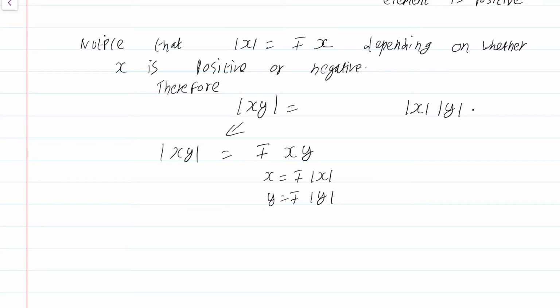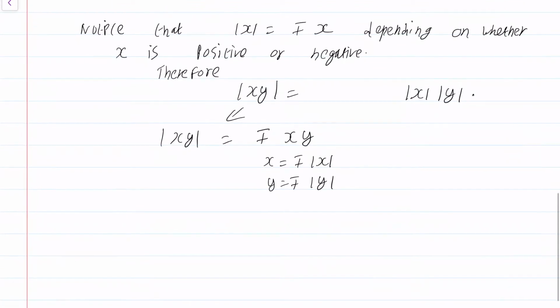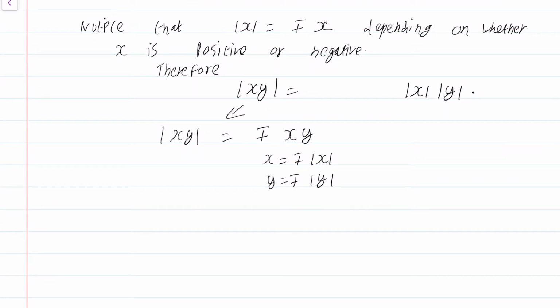Okay, now let's deal with the subadditivity or triangle inequality. Well, from all these remarks, it should be clear to you that mod x is always going to be greater than or equal to plus or minus x. Why does this follow? This follows because observe that mod x minus x will always be greater than or equal to 0.